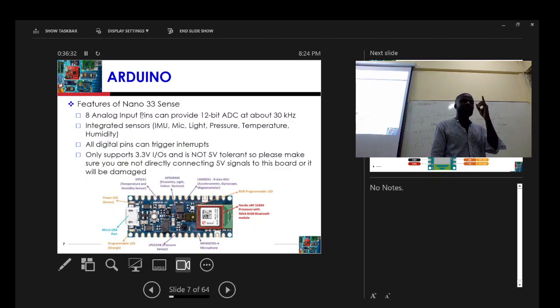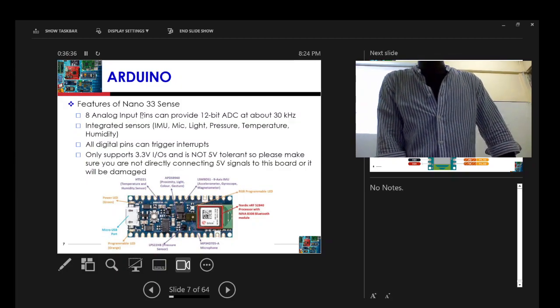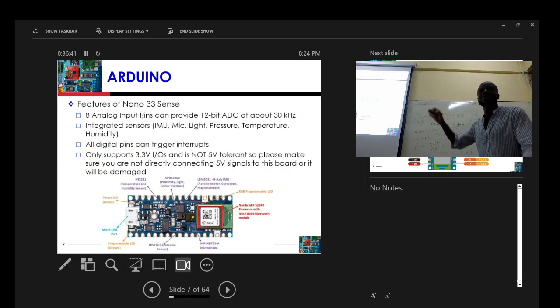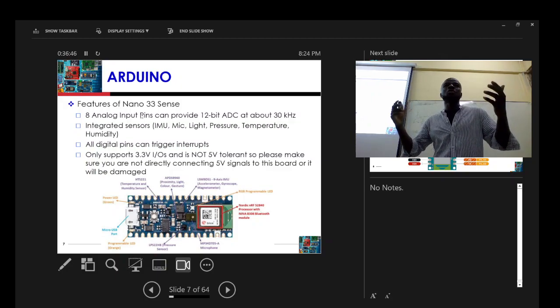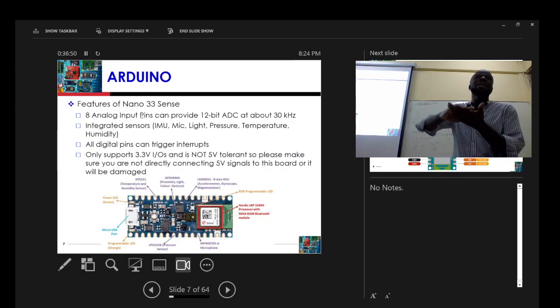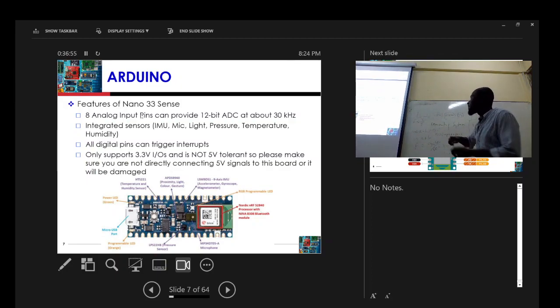What is the least value it can take? The 12 bits is the range of the ADC, right? It is sensing data from the environment, so we need a minimum number and a maximum number it can go. The 12 bits means that the highest value it can take is 2 to the power 12 minus 1.